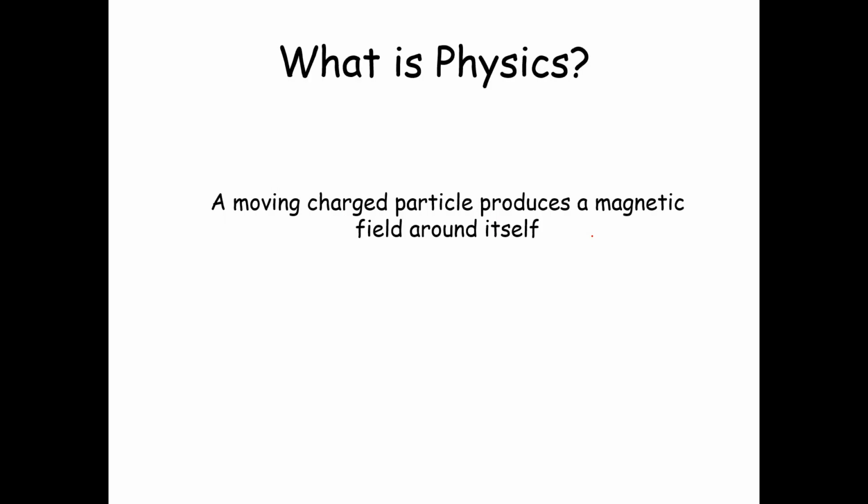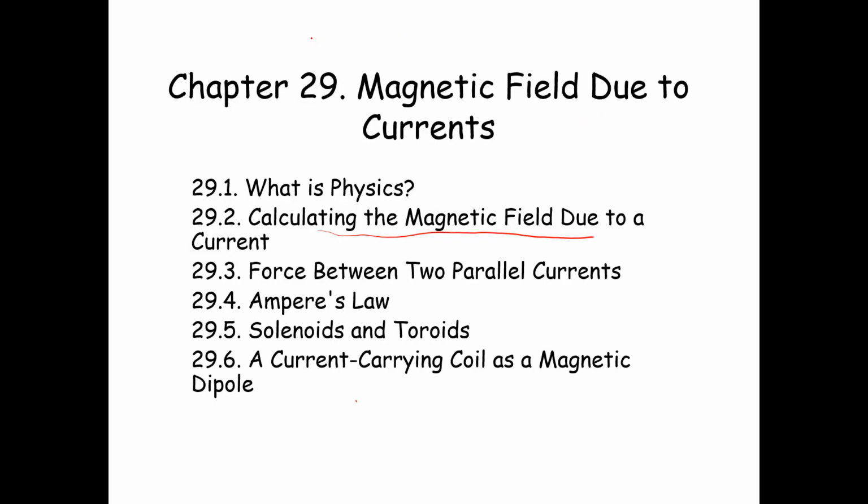In physics, how can we explain the phenomenon that there is a magnetic field around a current?